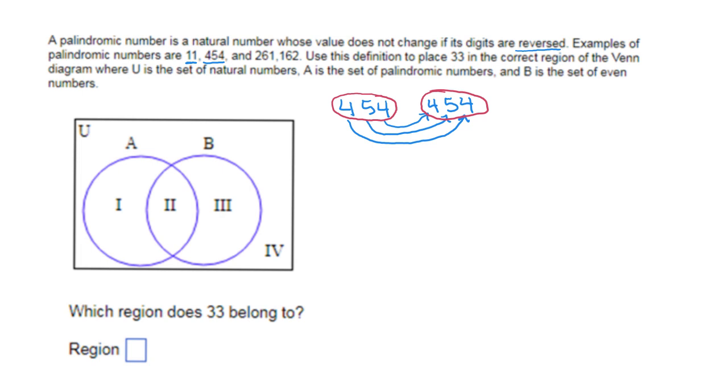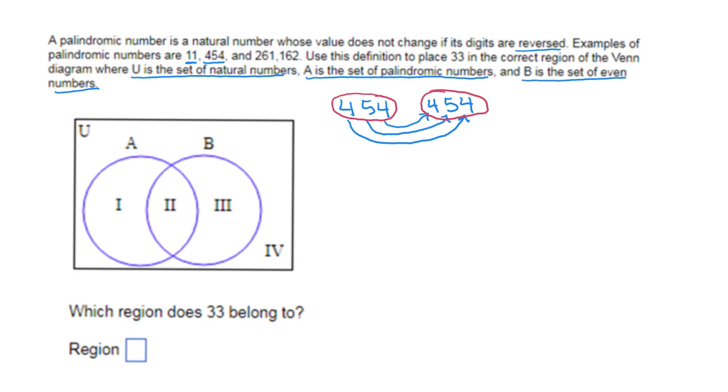So we have the universal set is the set of natural numbers. Set A is the set of palindromic numbers. Set B is the set of even numbers. All right, so from what I'm understanding then, A is palindromic, B is even. So for B, even numbers are all going to fall between region 2 and region 3.